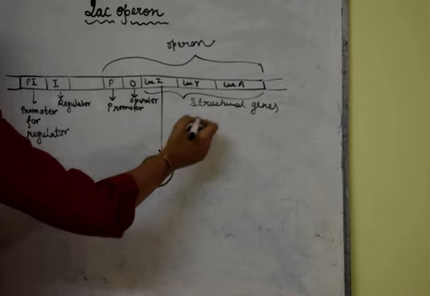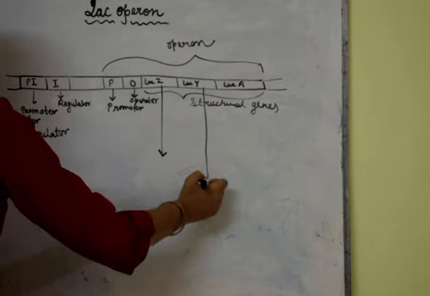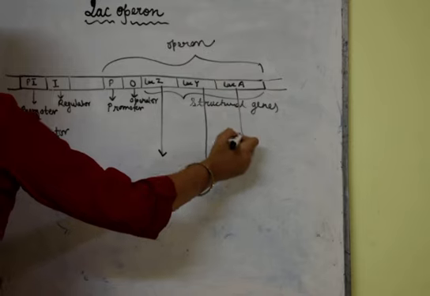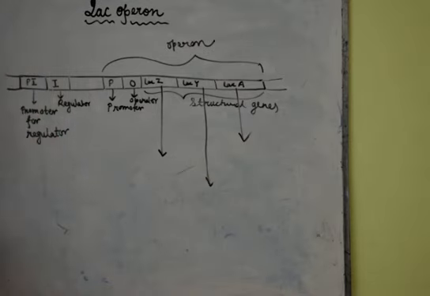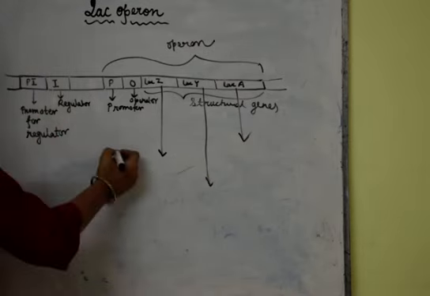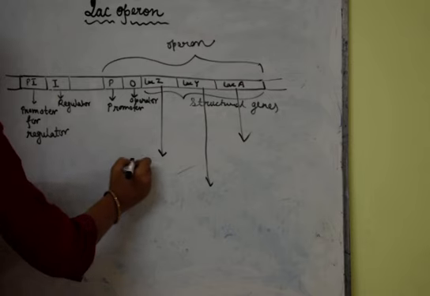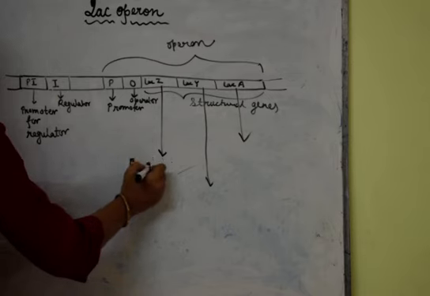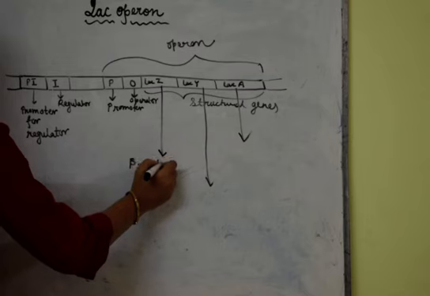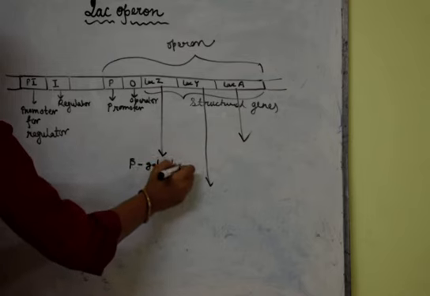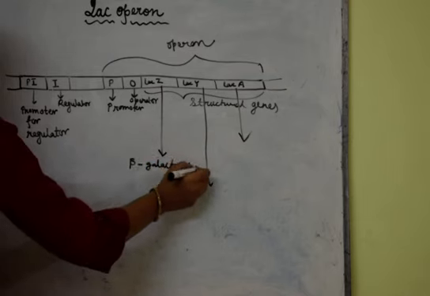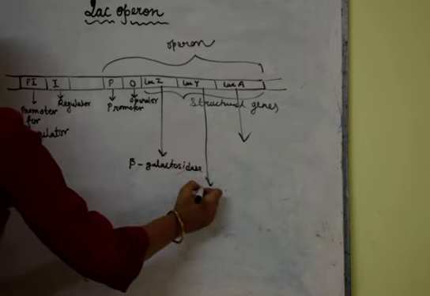This LAC-Z, LAC-Y and LAC-A, these genes code for different enzymes having different functions. So this LAC-Z encodes beta galactosidase. LAC-Y, beta galactoside permease.